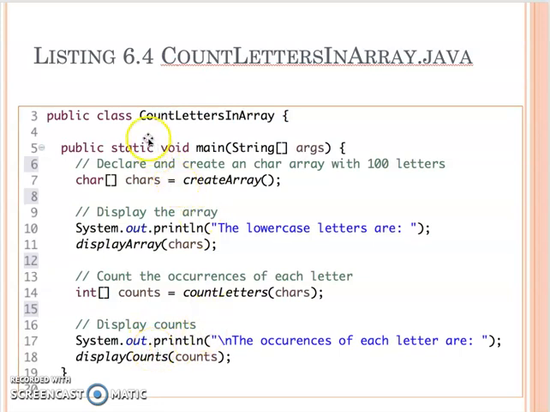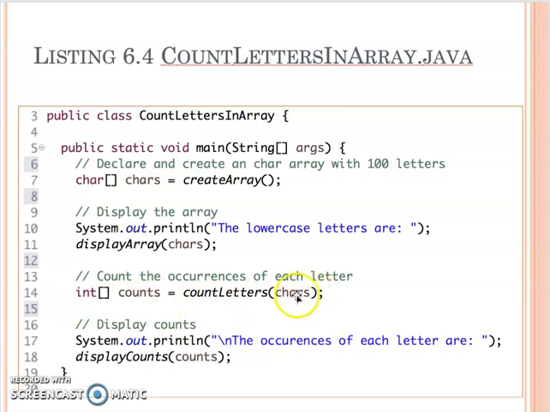In the main function, at the beginning, we just call create array, so the cards array has 100 random lowercase letters. Then display array just shows the output of what those lowercase letters are.